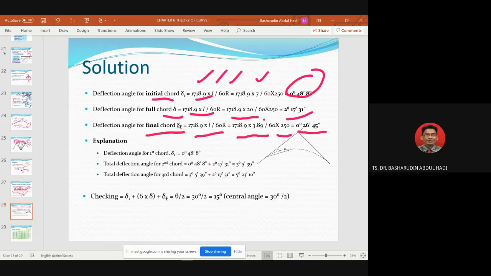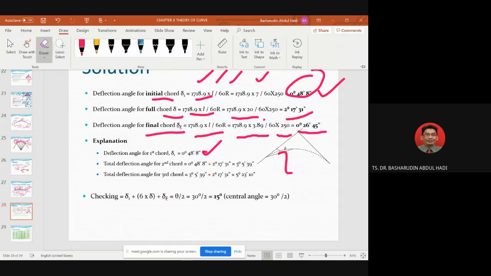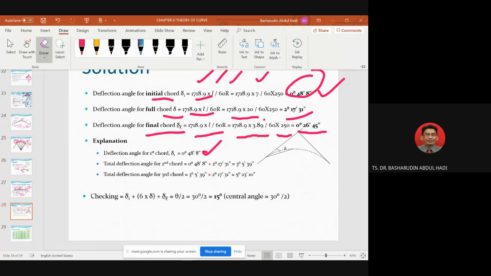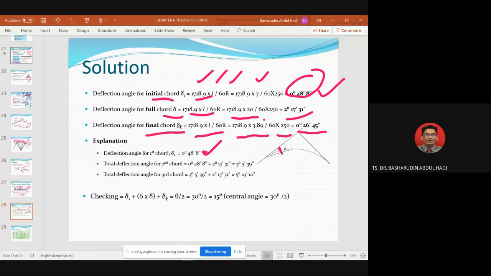The deflection angle for the first chord is 0 degree 48 minute 8 second. This angle, let me draw this small angle here, is 0 degree 48 minute 8 second. Alright.